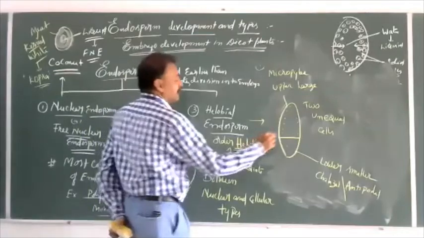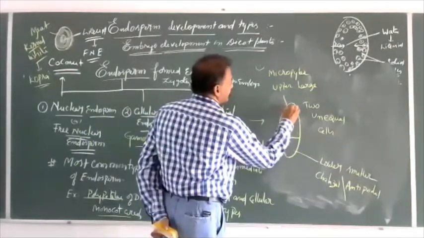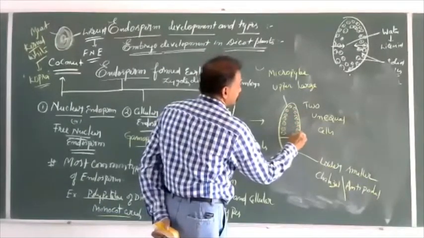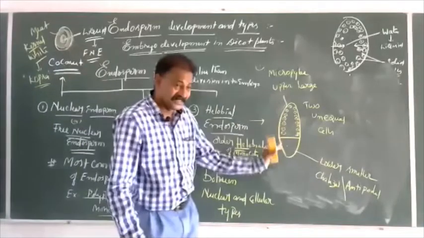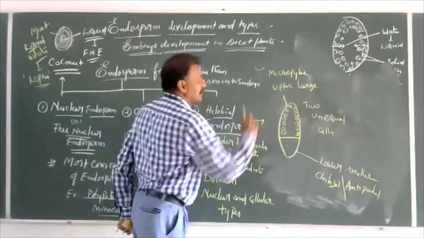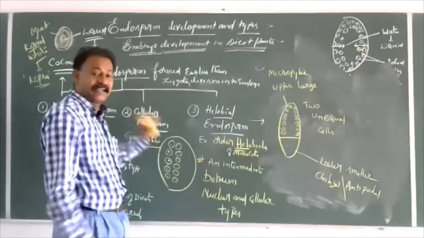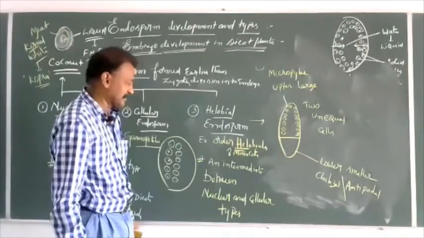Then they form walls and become cellular. It becomes first free nuclear, gradually develops cell walls, cellular. So it has the properties of both nuclear and cellular. That's why it is called intermediate between nuclear and cellular.